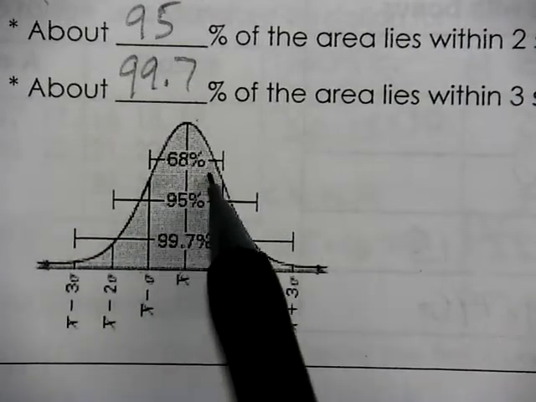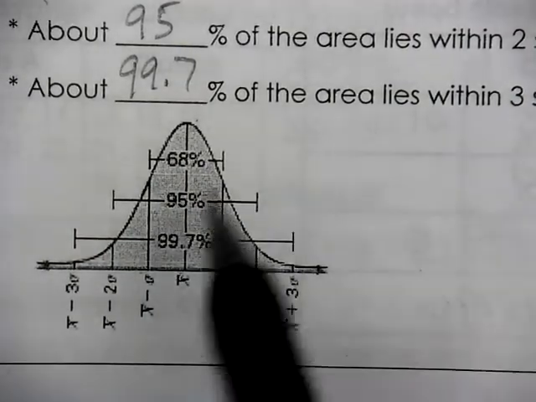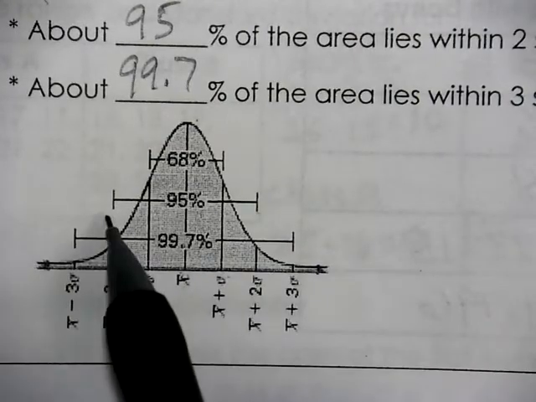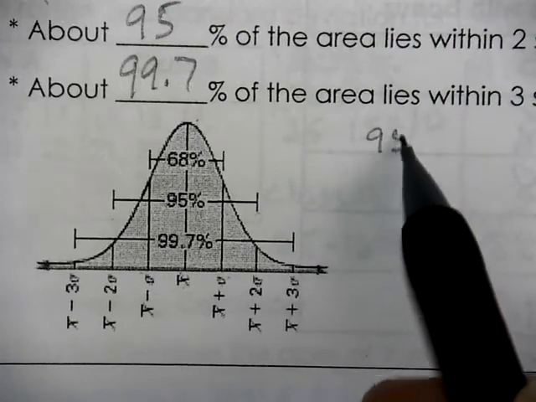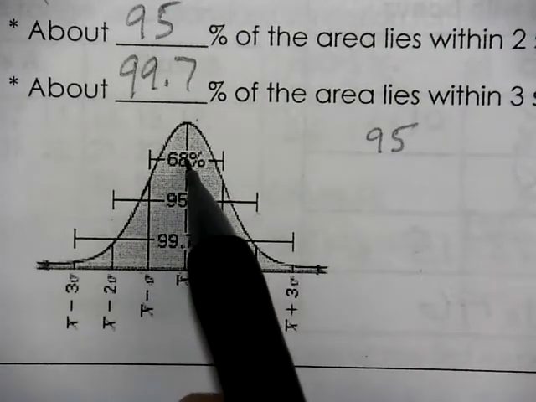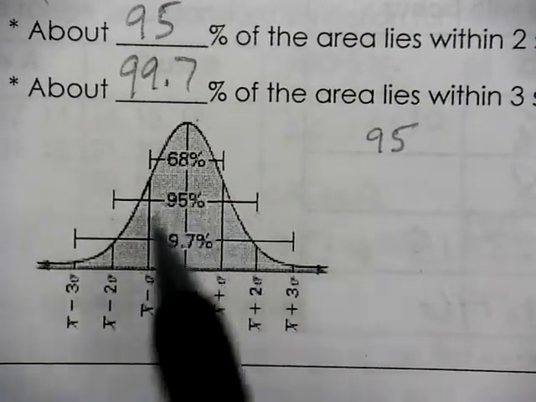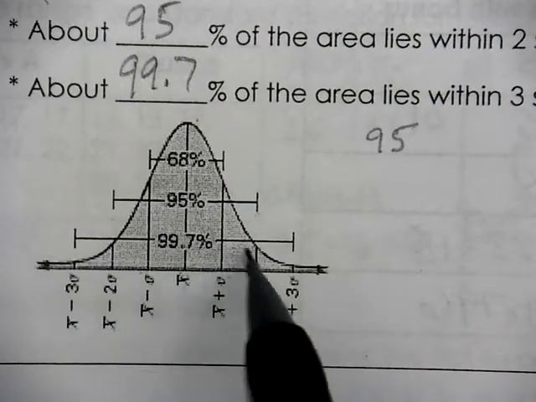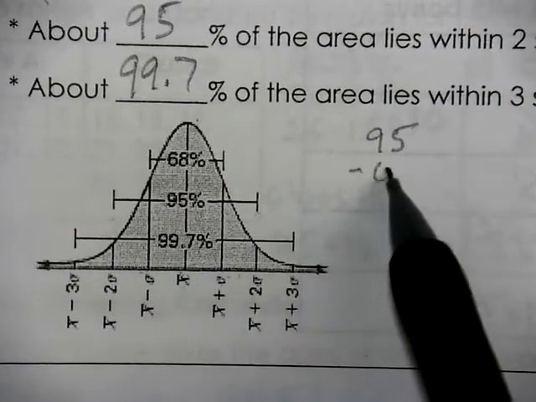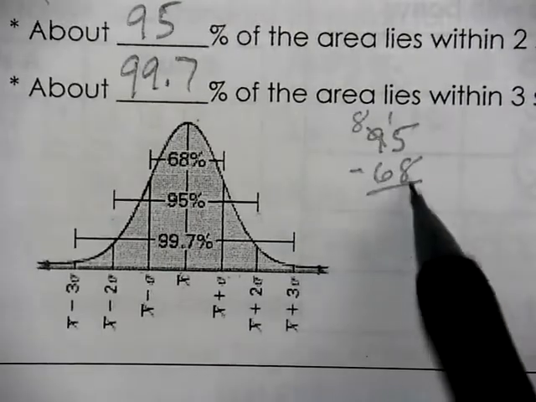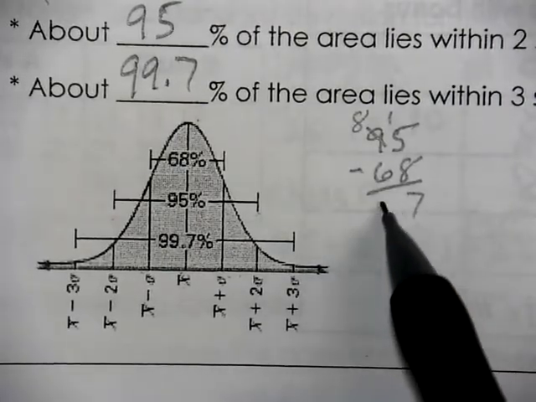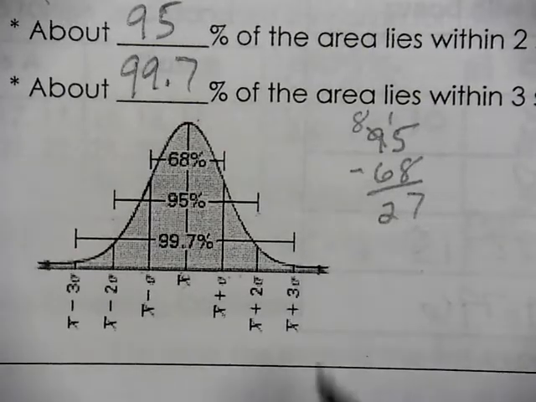This is 68 in the middle. If we look at 2 standard deviations of the mean, we would take the 95, you would subtract out the center portion, so you're left with just that on the sides. So we have 27.